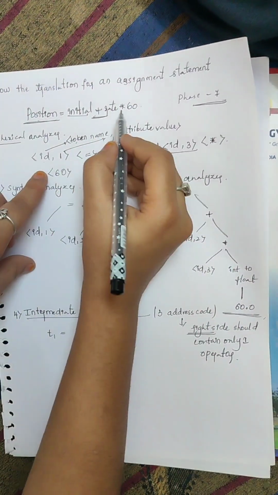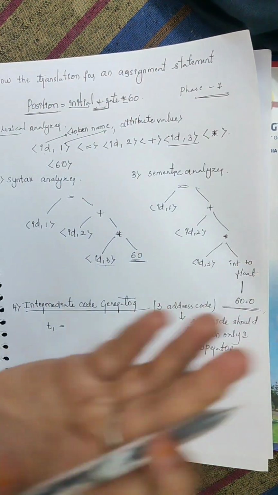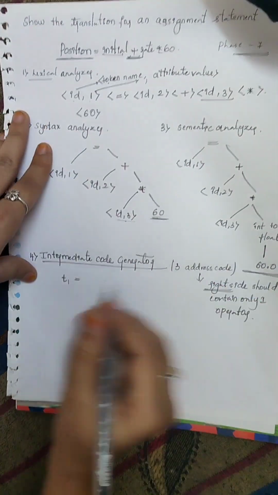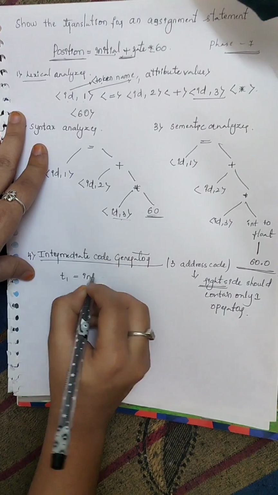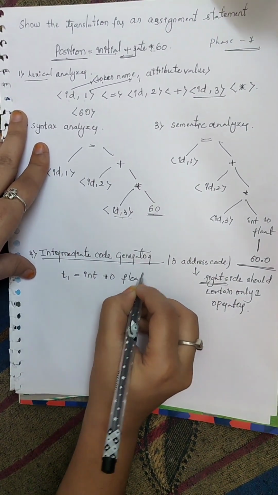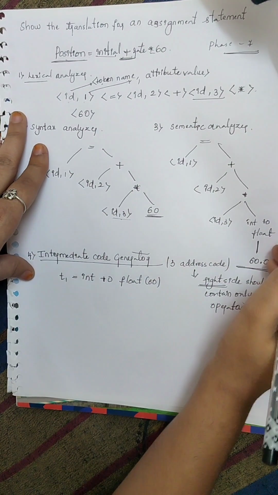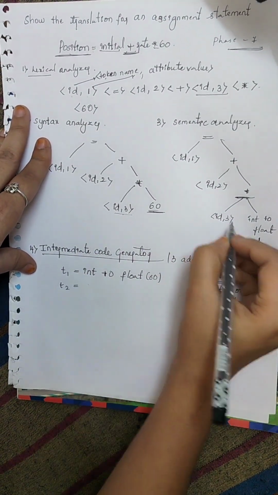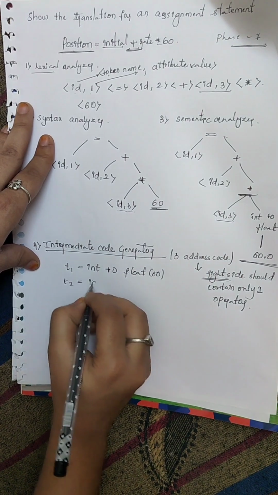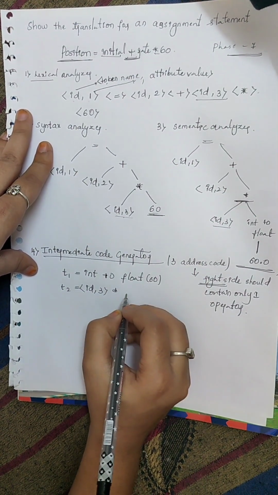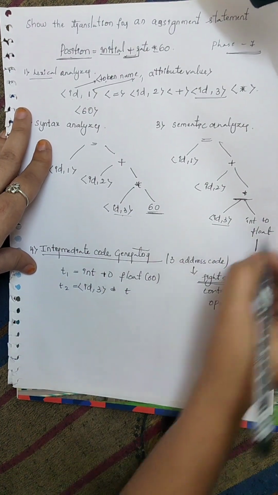Here we have several operations, so we want to reduce that. First I convert t1 = inttofloat(60). Later we multiply, so t2 = id3 * t1, that inttofloat is nothing but t1.